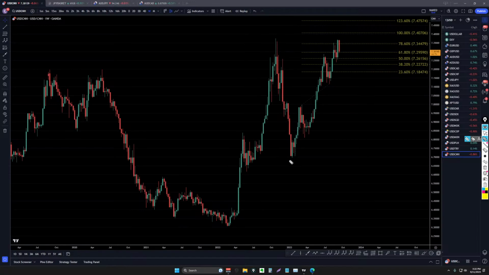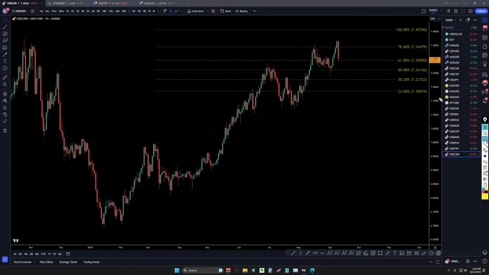Looks like a 1, 2, 3, 4, 5. Just like the dollar index, it kind of looks like it needs to make another wave like this, though. Like a 1, 2, and then this is a 3. We're ending a 3, this is a 4, and then it needs to make a 5. I think that's what's going on here.